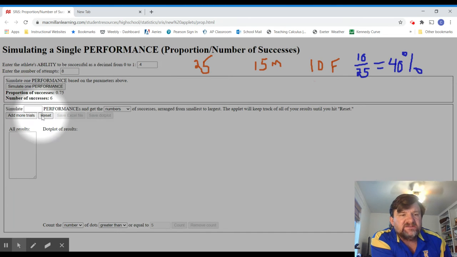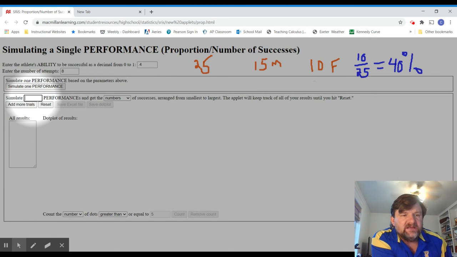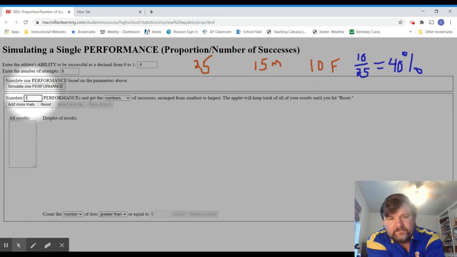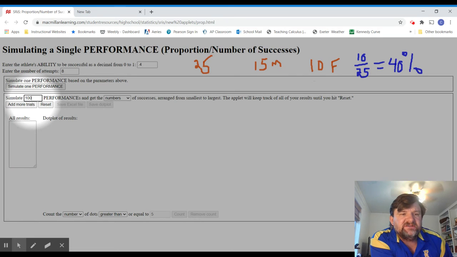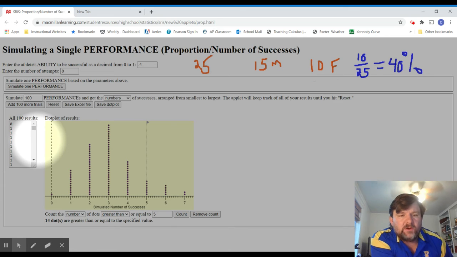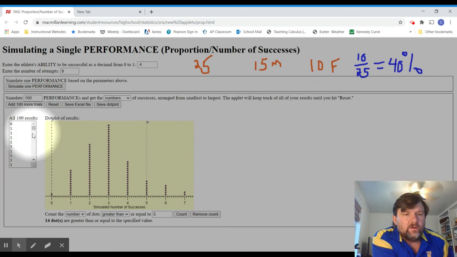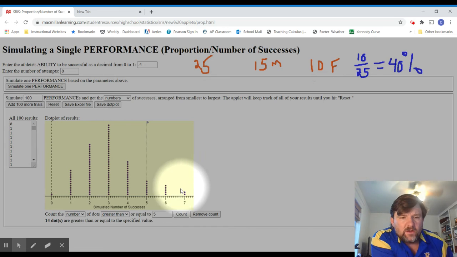Now let's reset this and do it 100 times. It's going to do 100 simulations, and a success will be 0.4. So this is where we're at: from 0 to 0.4 is a success, and anything after that is a male.